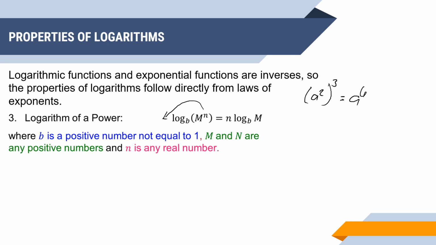So for instance, we have log of 3 squared with base 6. This is just equal to 2 log of 3 base 6. Again, this is according to our logarithm of a power.